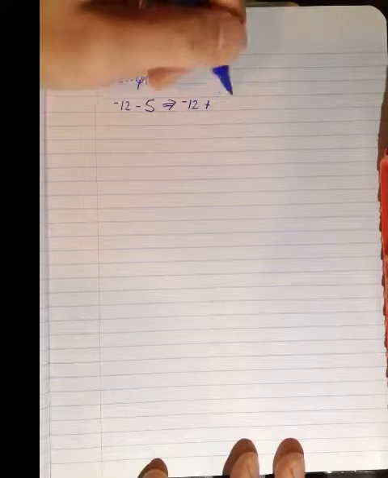So now let's do some examples. Example 1, negative 12 minus 5. That becomes negative 12 plus a negative 5.